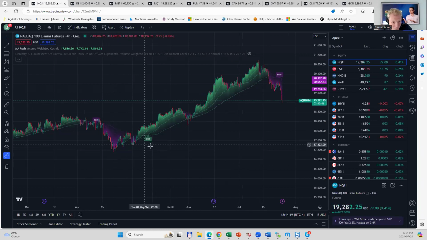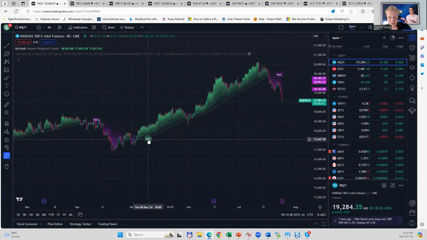For example, here, the last bullish signal we had, this is a 4-hour chart, was back in May. So a long time ago, and we stayed bullish all the time. A huge run up. Now we have a bearish signal. The last bearish signal was back here in April. So it lasted about a month. Then it was taken over by the bulls again.